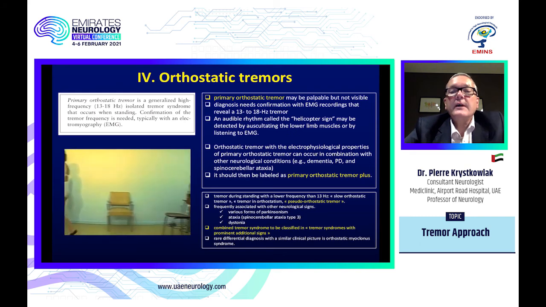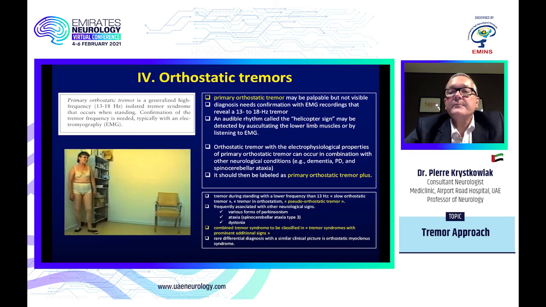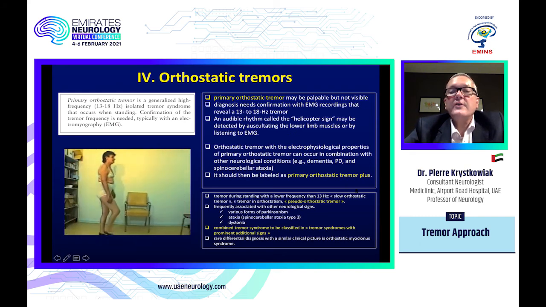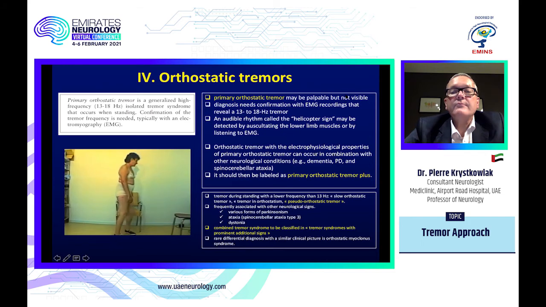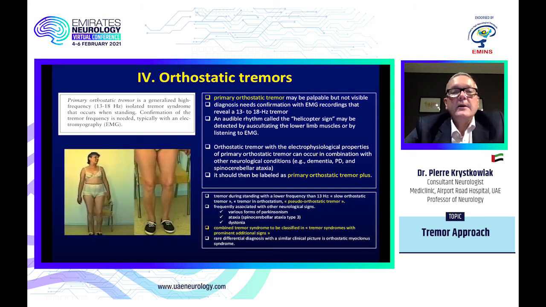And again, orthostatic tremor with the electrophysiological properties of primary orthostatic tremor can occur in combination with other neurological conditions like dementia, Parkinson's disease, or spinocerebellar ataxia. And in this case, it should be labeled as primary orthostatic tremor plus. You have also a variant of this tremor during standing, but with a lower frequency than 13 hertz.